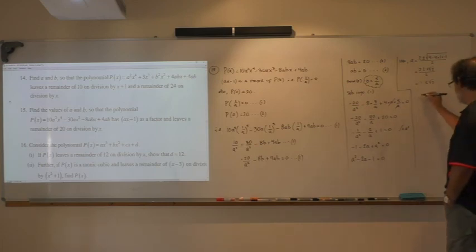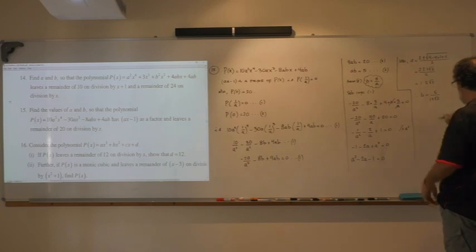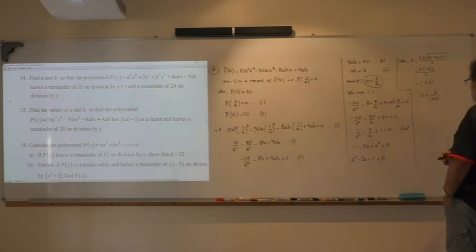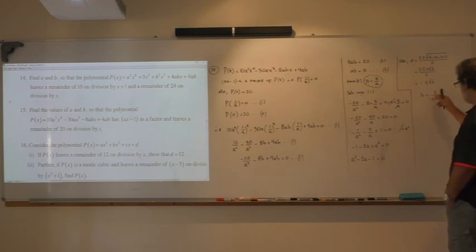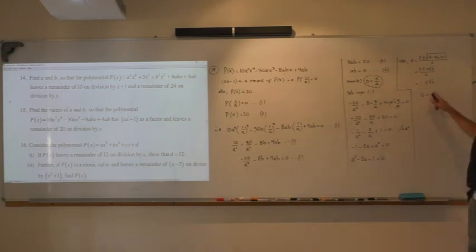So therefore b is going to be equal to 5 over 1 plus or minus square root of 2. Then in pairs, you're going to have a as 1 plus root 2, and b is going to be 5 over 1 plus root 2, and the other option is to have a as 1 minus root 2 and b equal to 5 over 1 minus root 2.